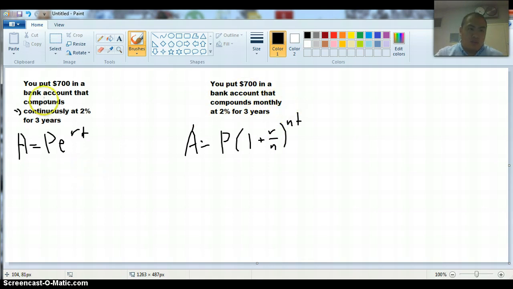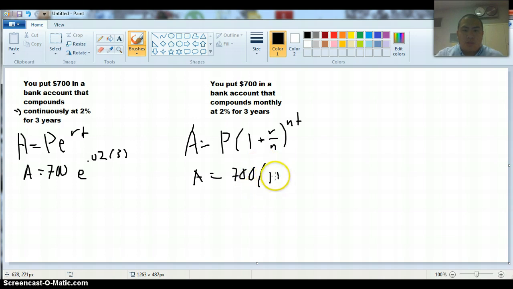Let's do this first one. It'll be $700 e to the r, which is 0.02, times 3, which is 3 years. That would be solved out, and you get a number solution. Now you can do the same thing on the right-hand side. A is equal to P, which is $700, times parentheses 1 plus, what's my rate?